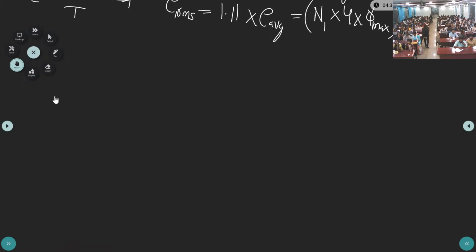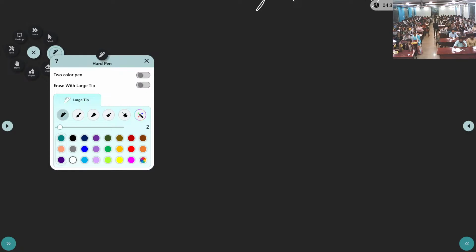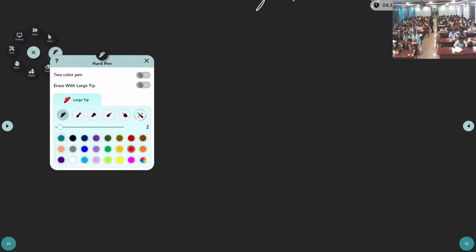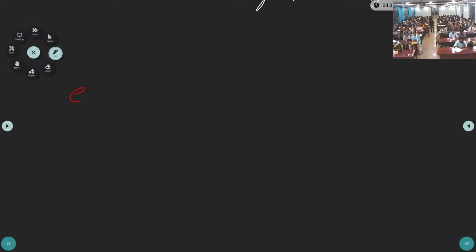So here, see, E1 is equal to N1 phi max F into 4.44. E2 is N2 phi max F 4.44.